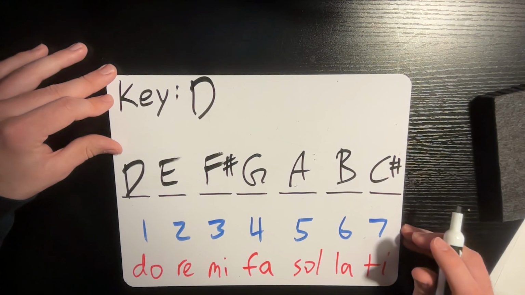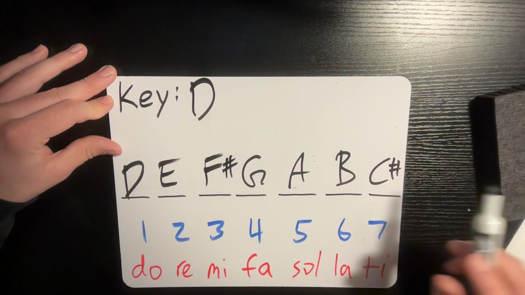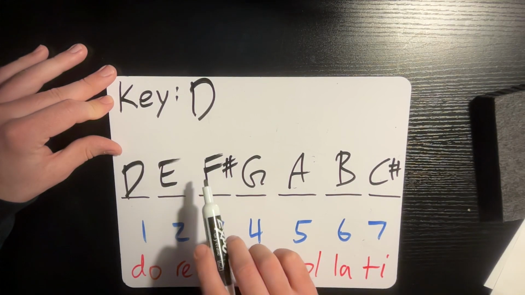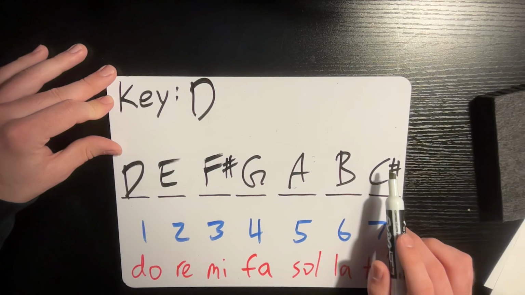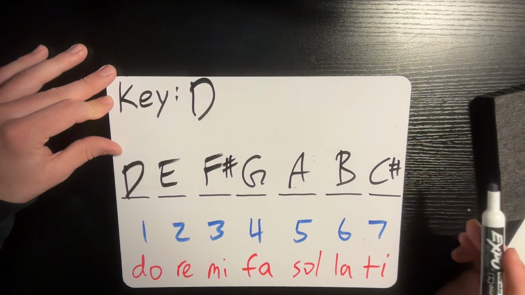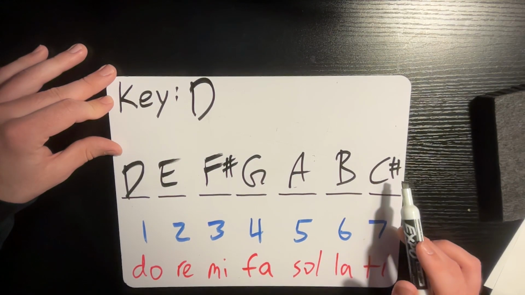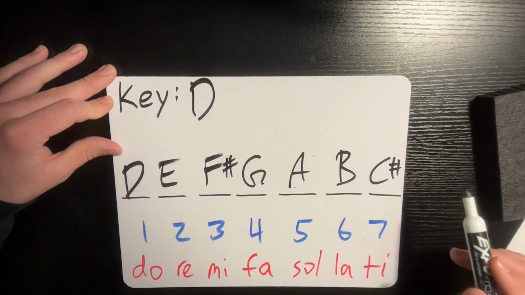Another pattern to notice here is that in the key of G just before, F was the 7th note, and that note was sharped. Okay, in this key, C is the 7th note, and now it's sharped as well. You can see there's a pattern developing there.